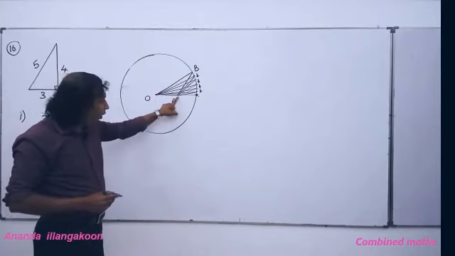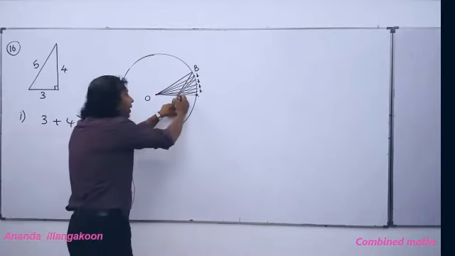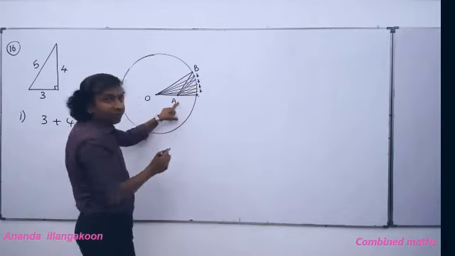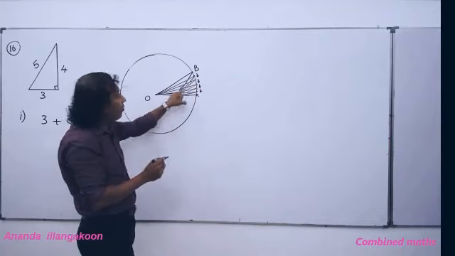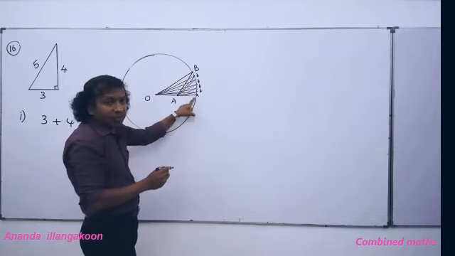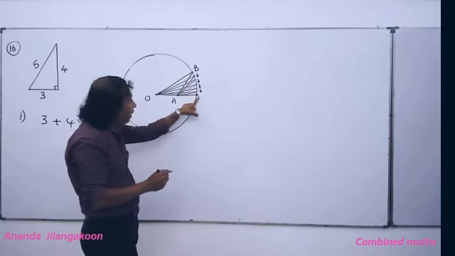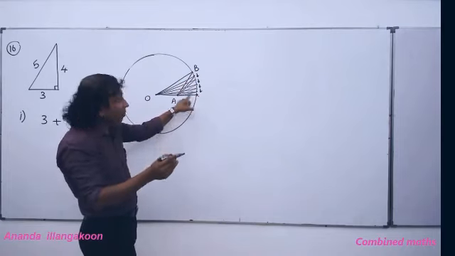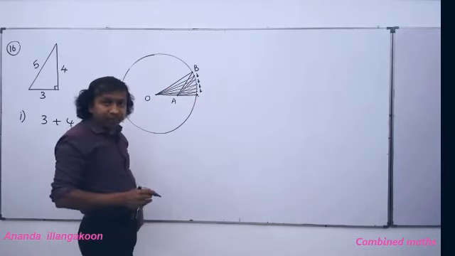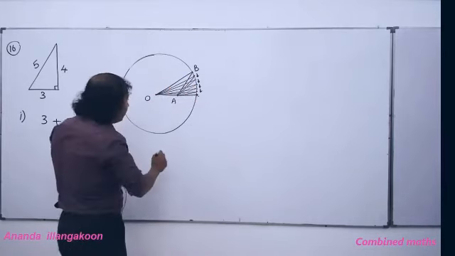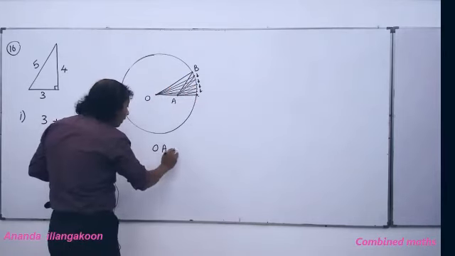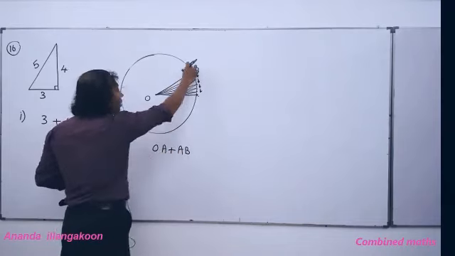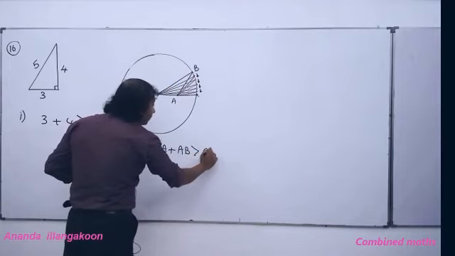This side OA, that AB side now will be equal to this. Now OA plus AB, B is now here, no? Will be equal to what, people? OB, no? Right? When the B is here, OA plus AB is greater than OB.